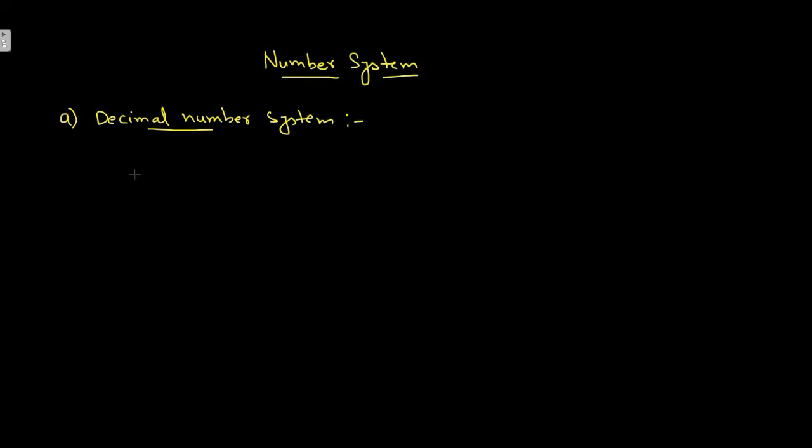For example, if we say decimal number 5678.9, in order to represent this decimal number, we can easily write it as: .9, so we first write 0.9, we add 8, which is the unit place, then tens place 7, so it is 70, then 600, then 5000. So in this way we can write any decimal number.